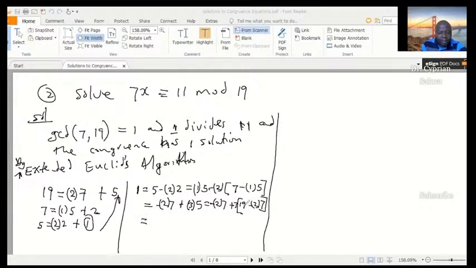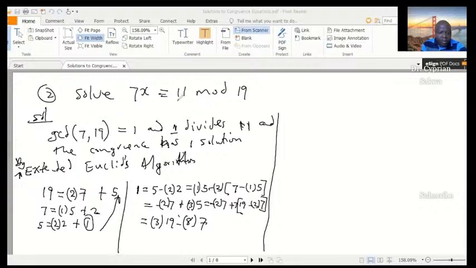This is 3 times 19. And then this 3 times negative 2 will be negative 6. Negative 6 plus negative 2 will be negative 8, multiplied by 7. So this is equal to 1.